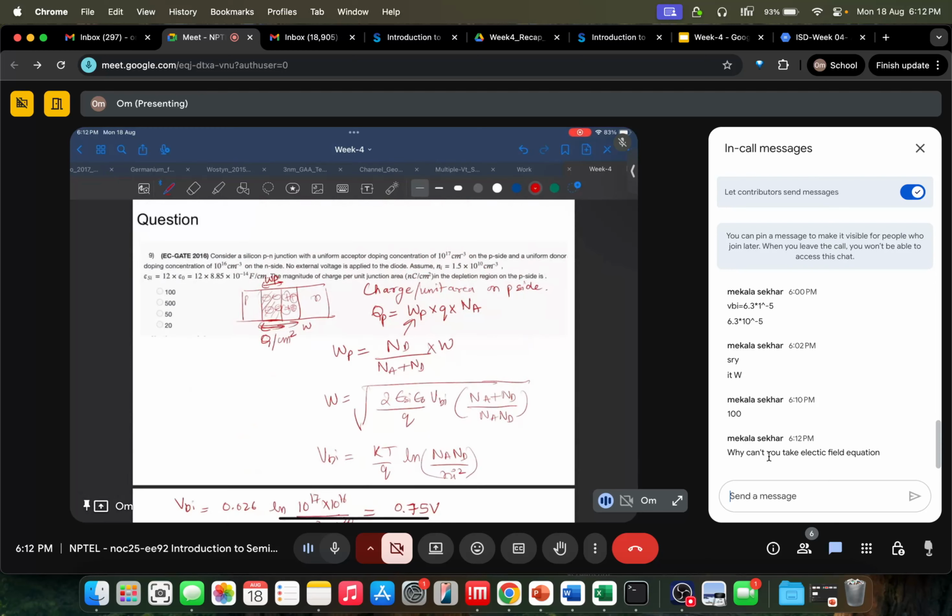Okay, why can't you take the electric field equation? The electric field equation, minus Q NA by epsilon into XP plus X. This equation.